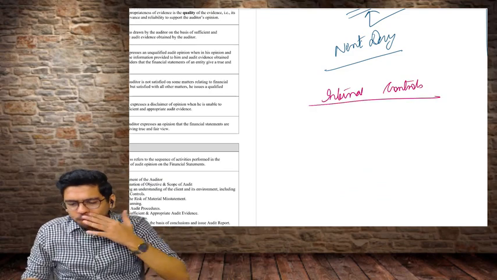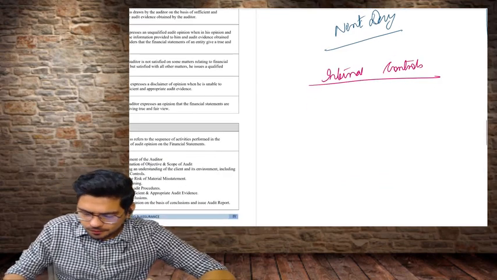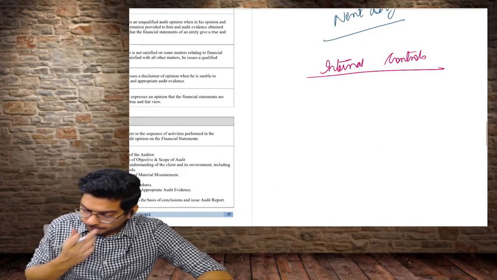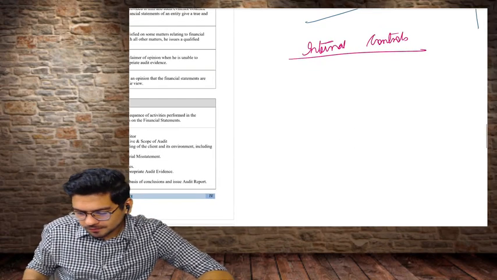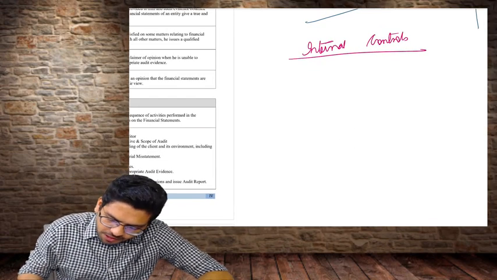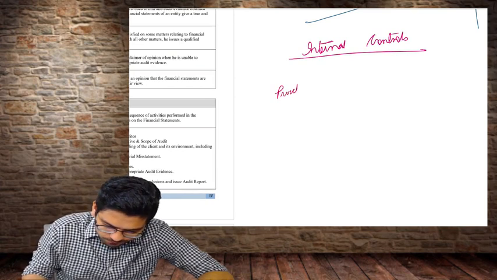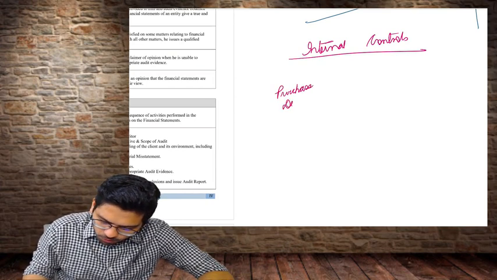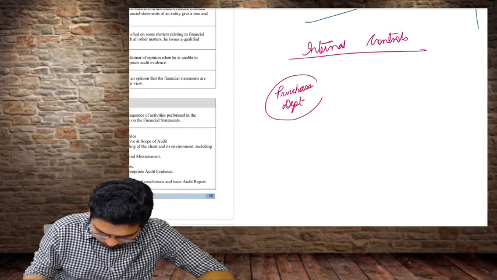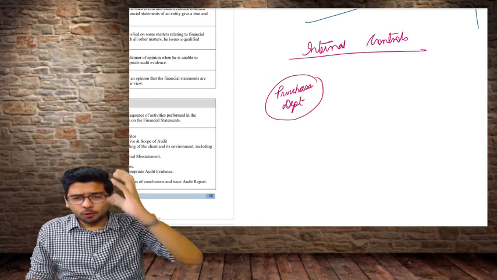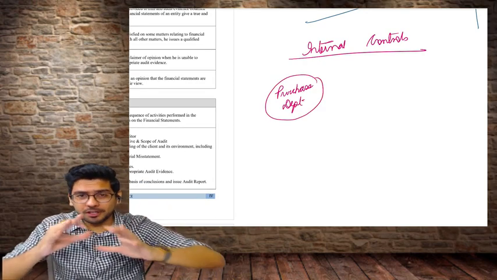Now let's say we have a purchase department in our organization. We are going to discuss a process and understand the control.